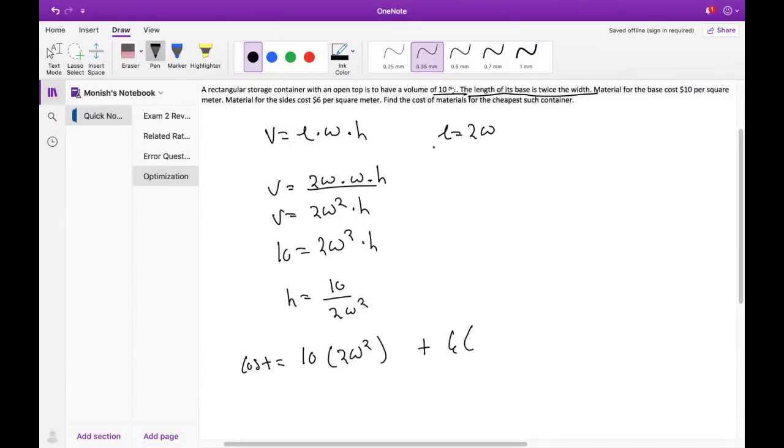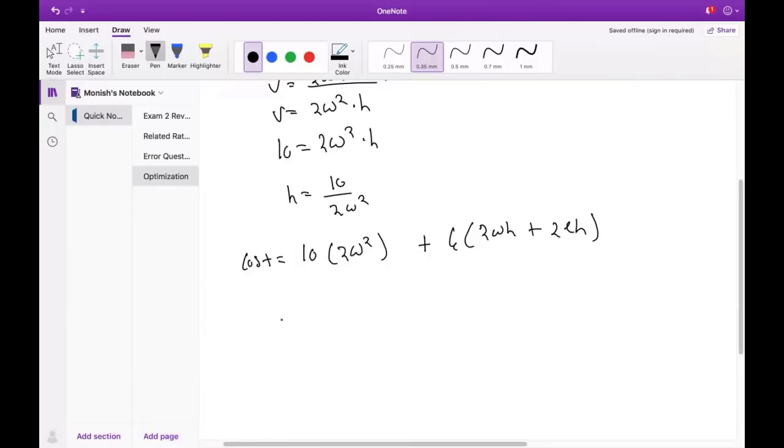We already accounted for the base. So it's going to be 6 times 2WH plus 2LH. And so that should account for everything in the cost. Yeah, because it's asking about the sides. Yep.